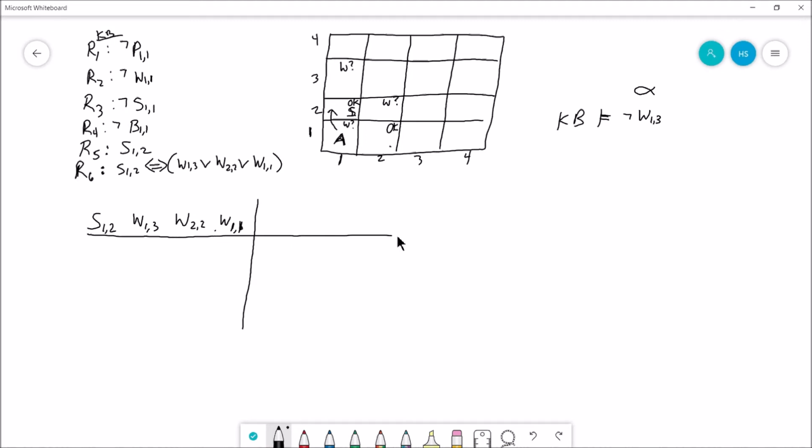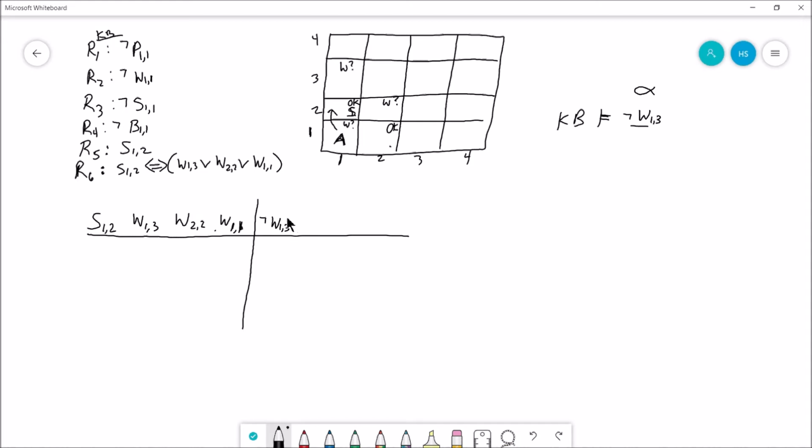Okay, now what is not Wumpus in 1-3, right? That's what I'm trying to figure out. And also I'm going to have to figure out this rule right here. This is going to have to hold along with my not W13 in order for me to be able to conclusively tell whether or not there is a Wumpus in that square.